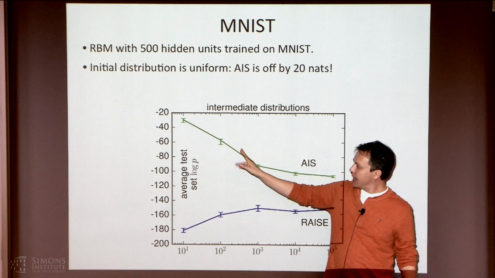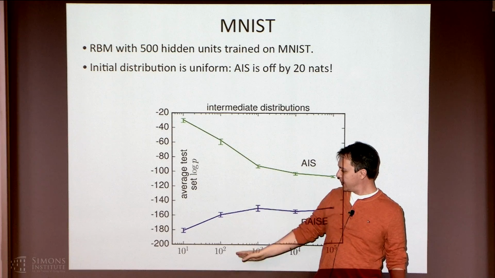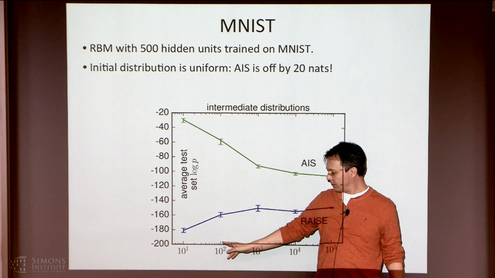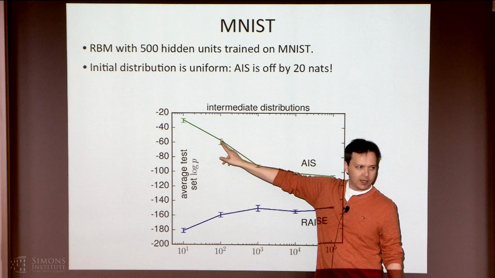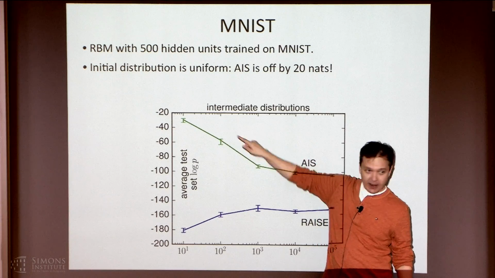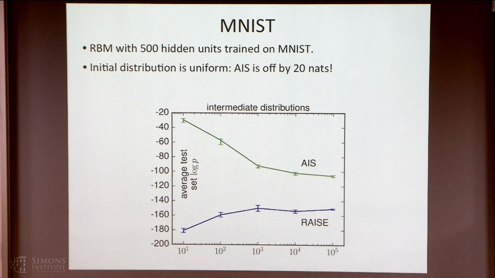This is saying that if you do a sloppy job and don't use a lot of intermediate distributions, you can hit this number. You can estimate the empirical variance as well, and you can say this is actually a really good model, whereas in fact it's a really bad model. So the other way to think about this is that you essentially have an upper and a lower bound on the estimate of log probabilities.